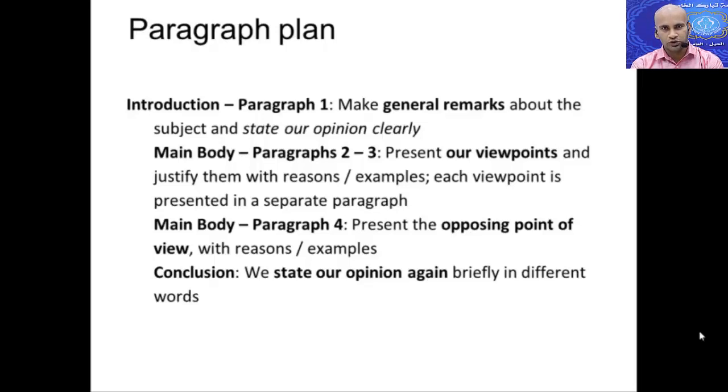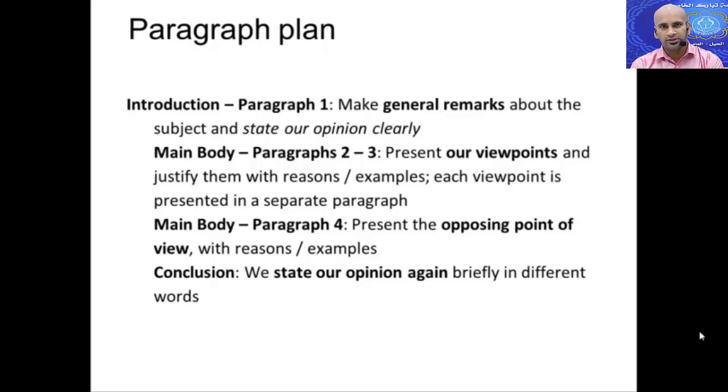Then, main body paragraph 4. Here present the opposing viewpoint with reasons or examples. For example, on the other hand, many people argue that, and you give the opposing point, but you do not need to give the full details or even more examples, because you wanted to persuade the reader, so do not give more ideas or more points about this one.